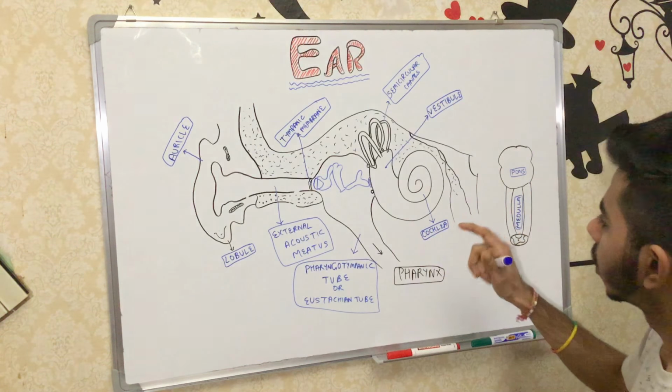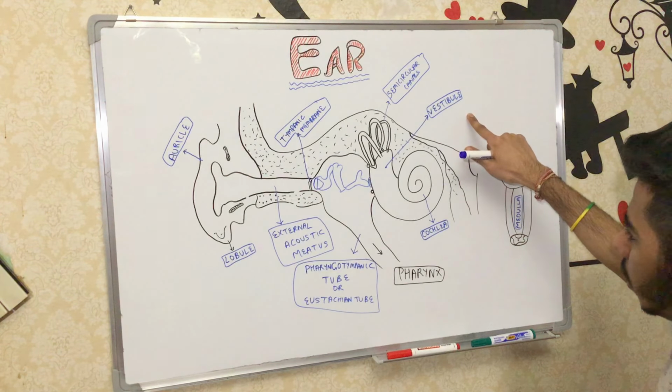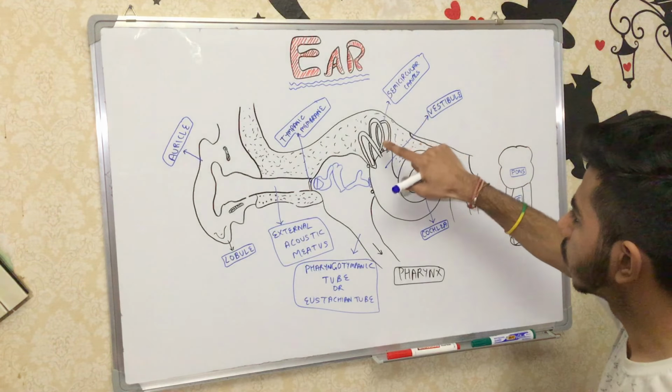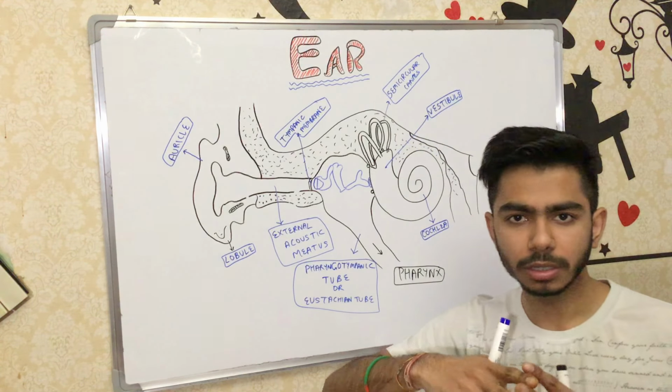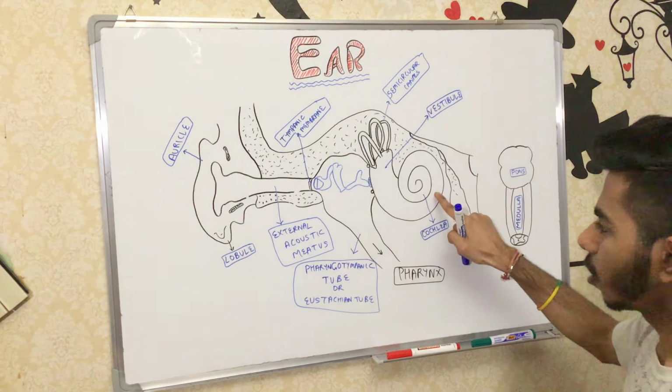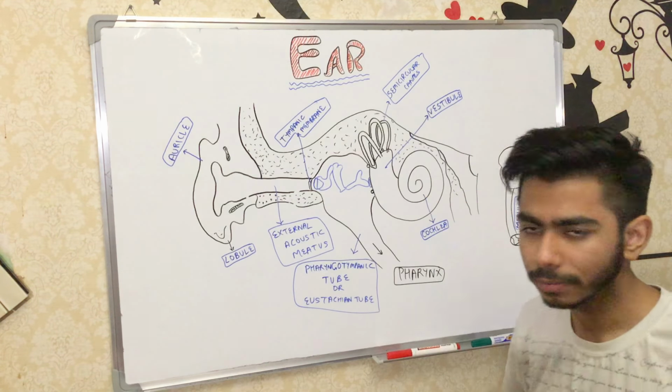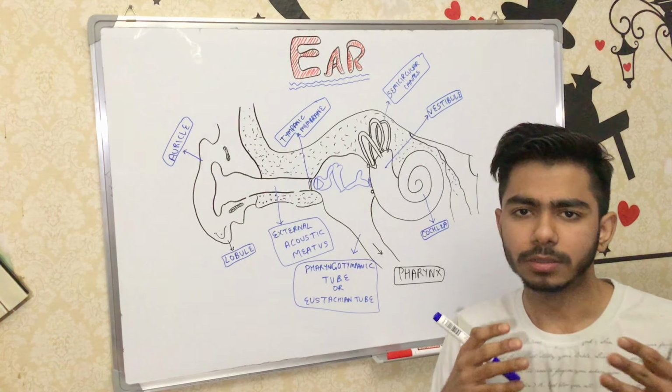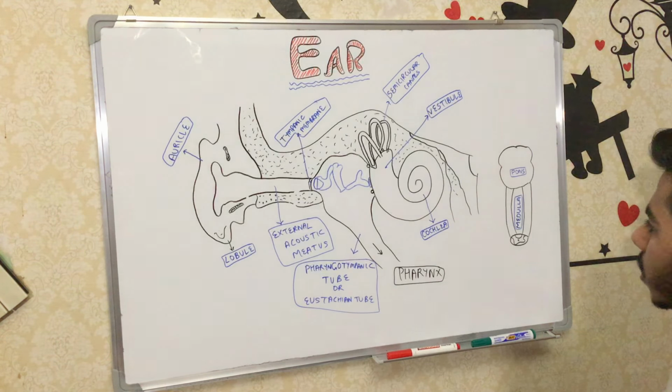And in the inner ear, we have three structures: semicircular canals, which are arranged perpendicular to each other, at right angles to each other, and the vestibule and the cochlea, the snail-like structure present in our inner ear or internal ear.